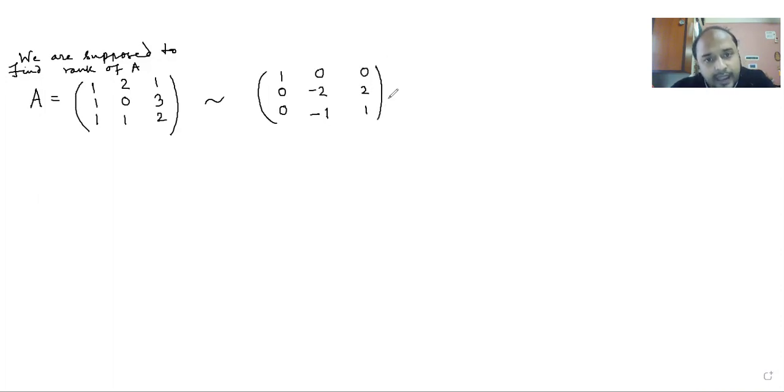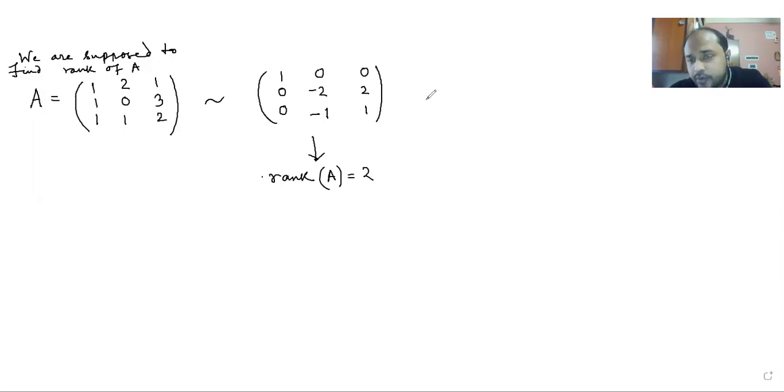And after that, the book has declared that these two columns are linearly dependent, and therefore in this particular matrix there are two linearly independent columns, and therefore rank of A equals 2.